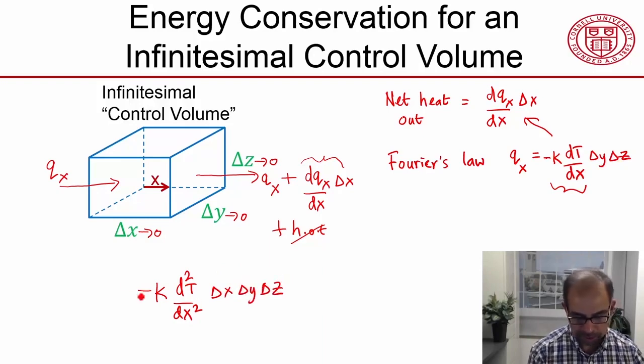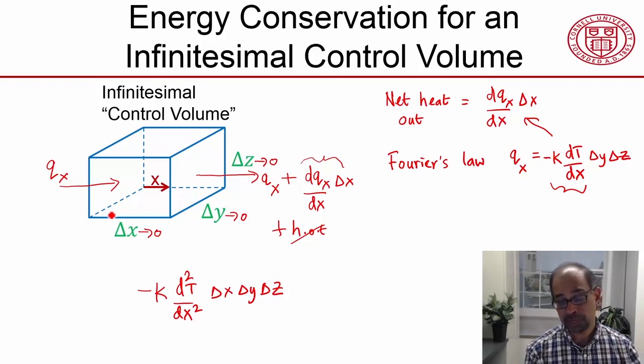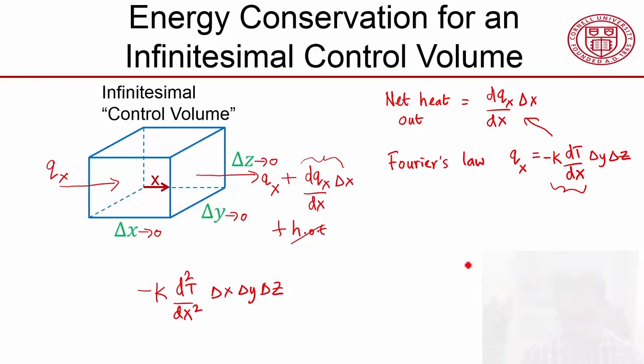This represents a net heat flow through the phases. And I'm going to be assuming 1D. So let me list assumptions here as I'm going along. I have assumed one-dimensional, so I'm saying that there is no heat flow through these phases or through this phase.